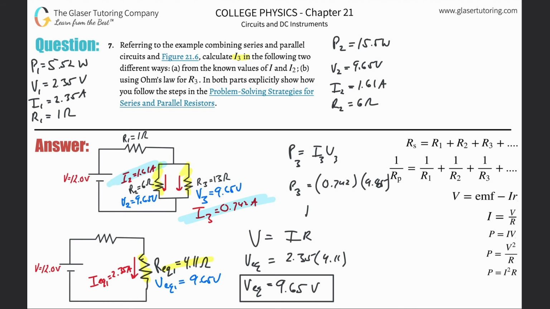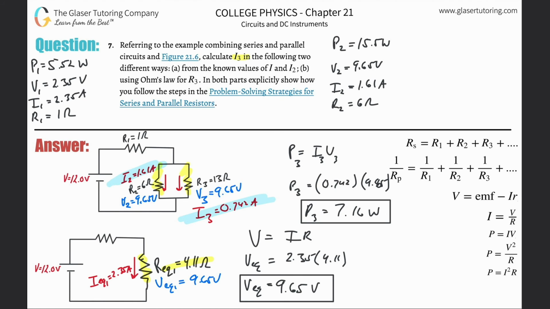I'm going to go back in the calculator and use the exact values. So let's see what we got. There's that value times the 9 point whatever. And I get 7.16, right? So this is then 7.16 watts, all right?